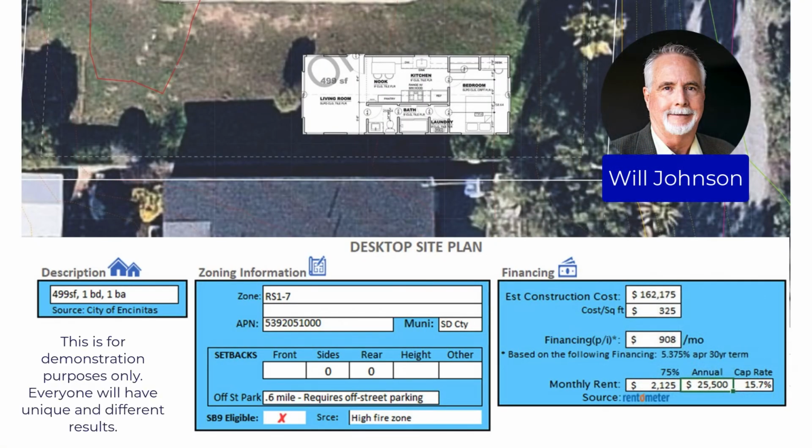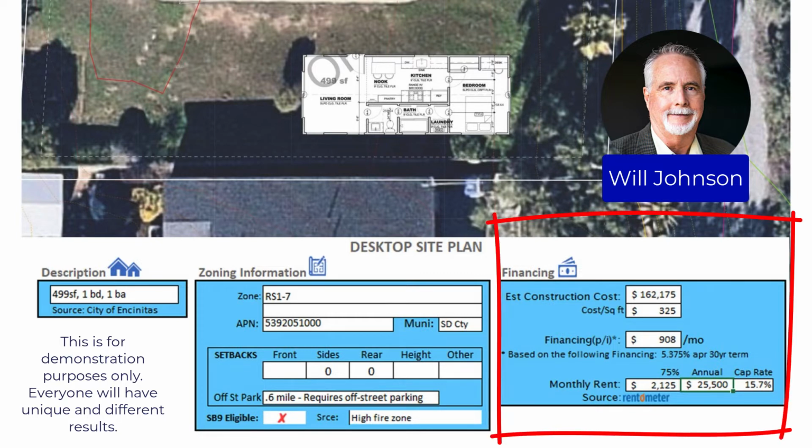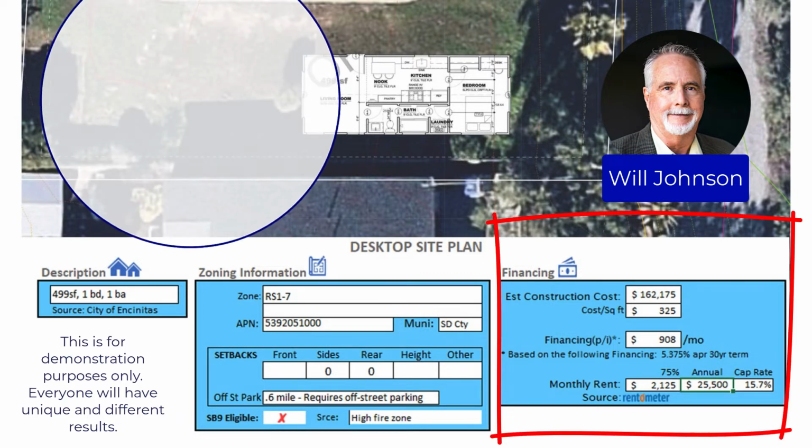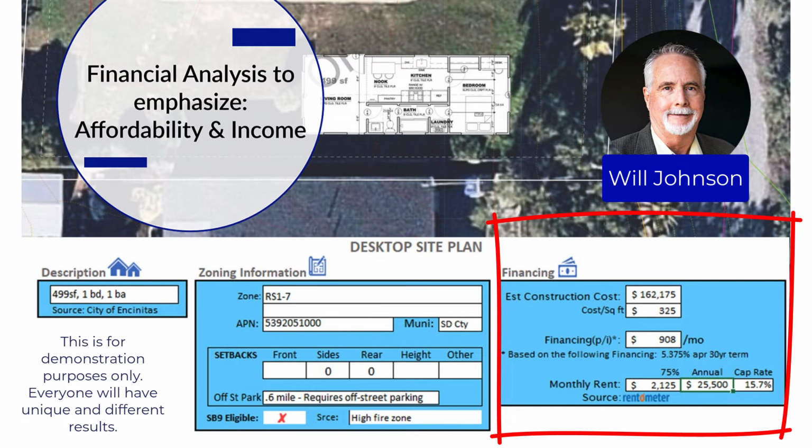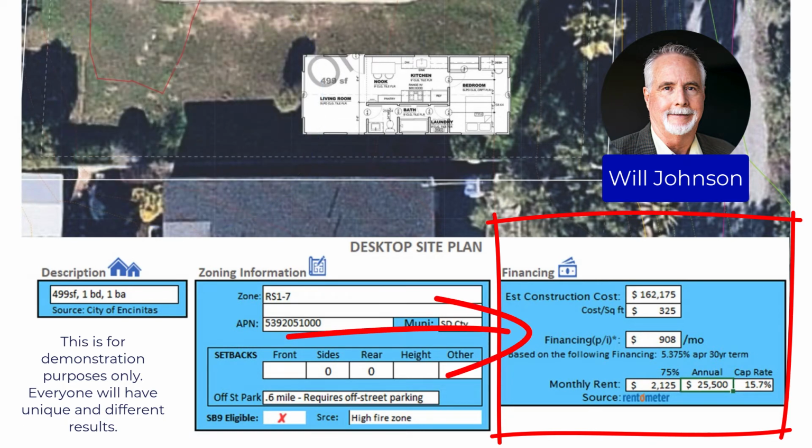We came up with an estimate of construction costs based off the square footage, 1-bedroom, 1-bath, of $162,000. And we looked at financing that. So we came up with a net effect of $908 that would be added to a refinance of somebody that's looking at taking their existing loan, pulling out the equity, and now being able to finance it.